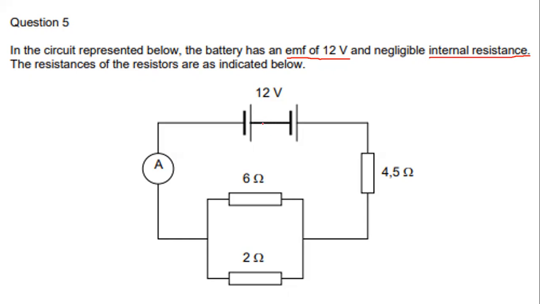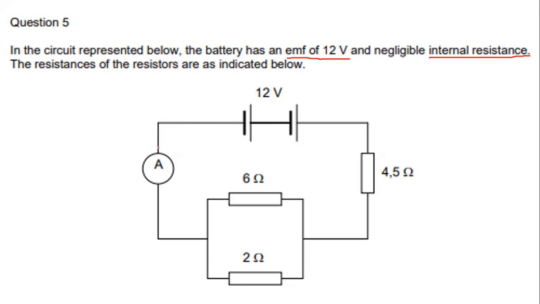So each electron that is passing through the battery has 12 volts. The electrons move freely. The conductor has negligible resistance, so we still have the 12 volts because we are not using any volts. We are not overcoming any form of resistance.